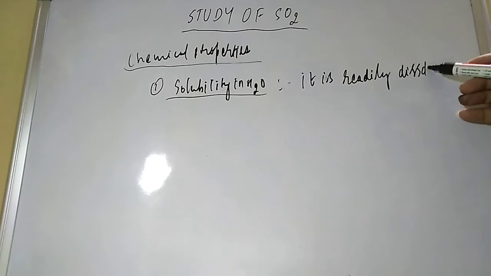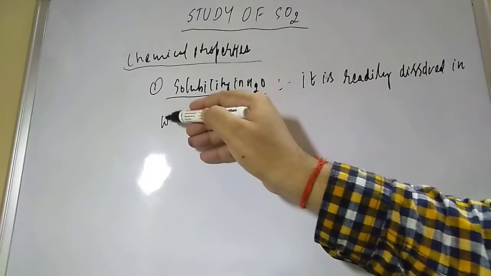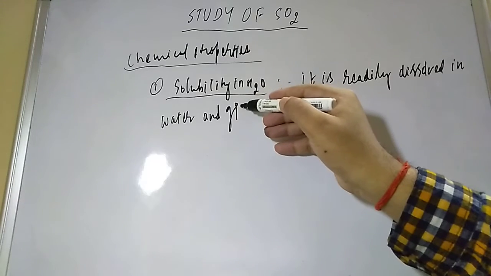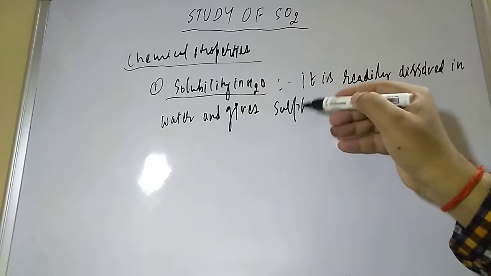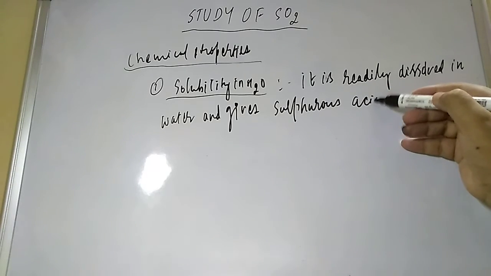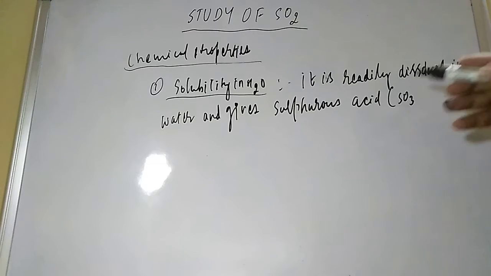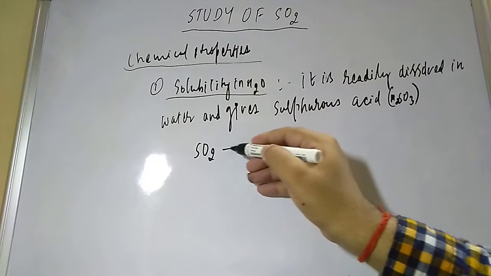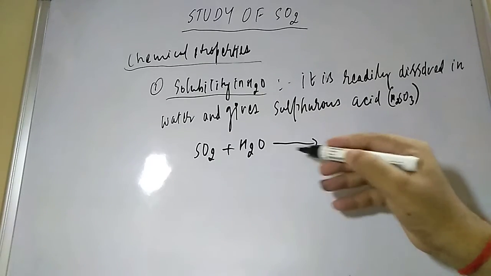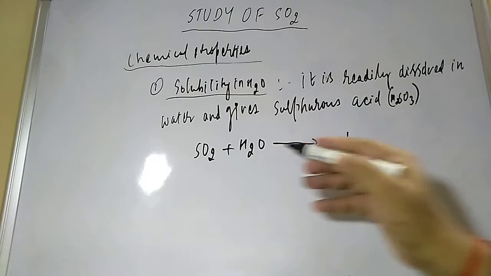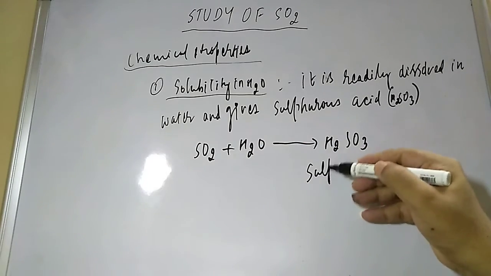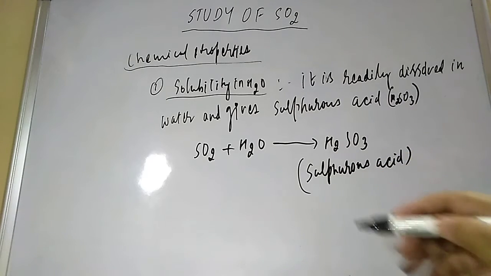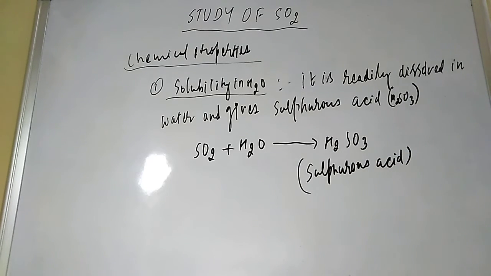It is readily dissolved in water and gives sulfurous acid, H2SO3. SO2 dissolving in water gives 2 hydrogens, sulfur, and 3 oxygens, so H2SO3. This is known as sulfurous acid.